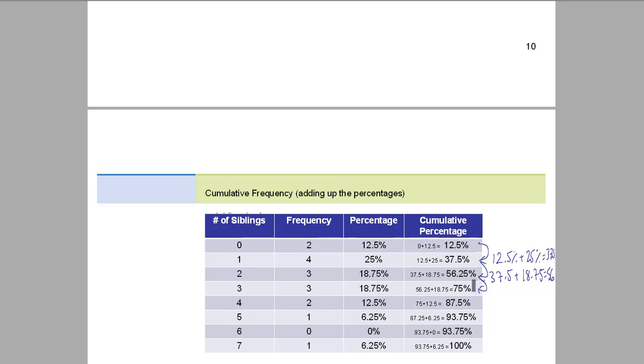Okay, and then even if we continue on to the next one, we can conclude 75% have 3 or fewer siblings. So including this gives us more, we're expanding on the data and what more information it can give us.